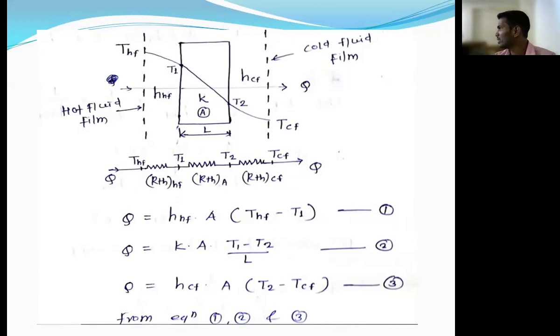Okay, if there is convection, then there will be a heat transfer coefficient. Just as we say that if there is a plate then it has thermal conductivity, similarly if convection is there, then convection heat transfer coefficient is there. So whatever the hot fluid is there having heat transfer coefficient is HHF, and whatever the cold fluid is there having heat transfer coefficient is HCF.